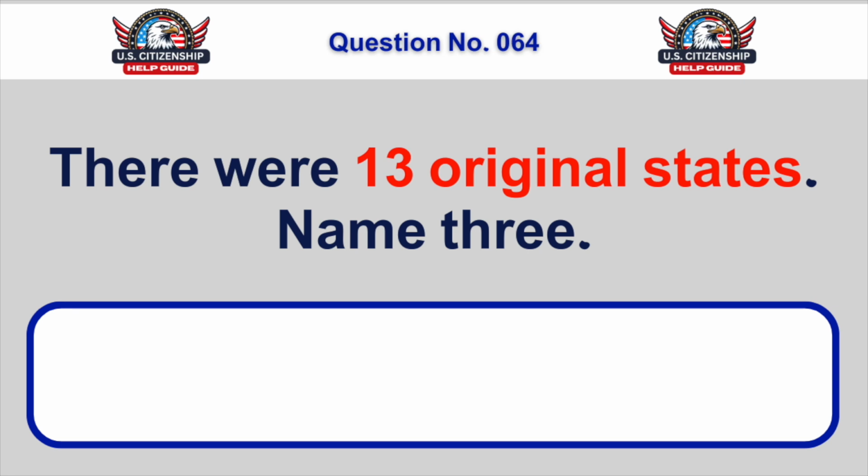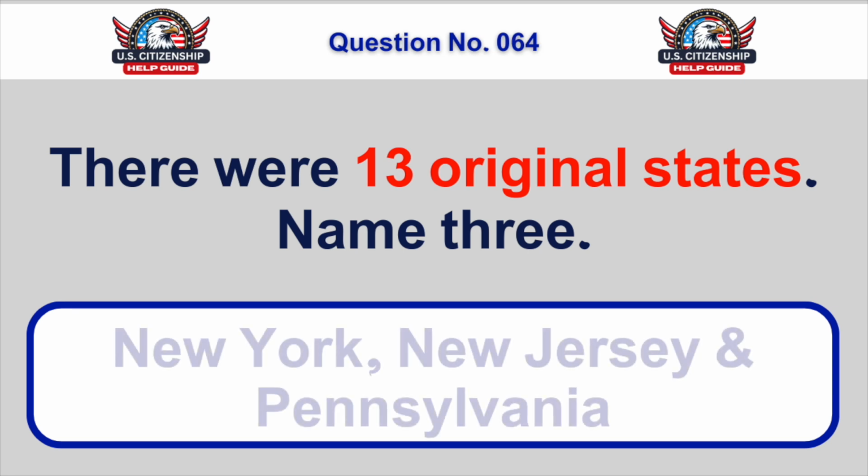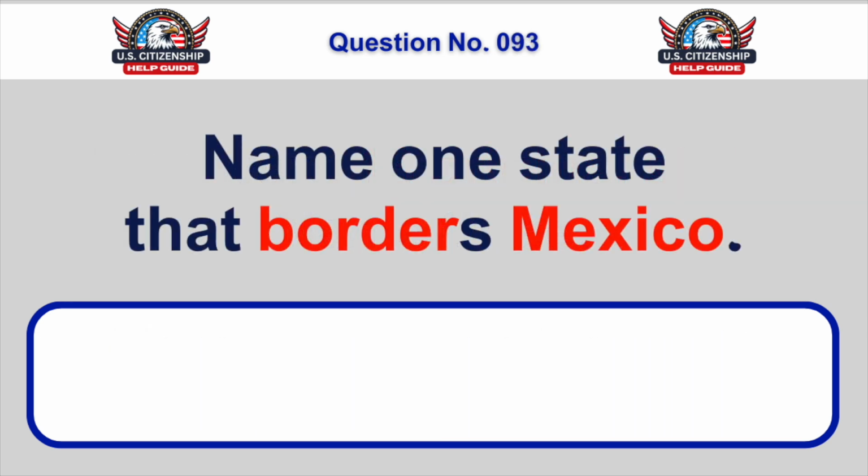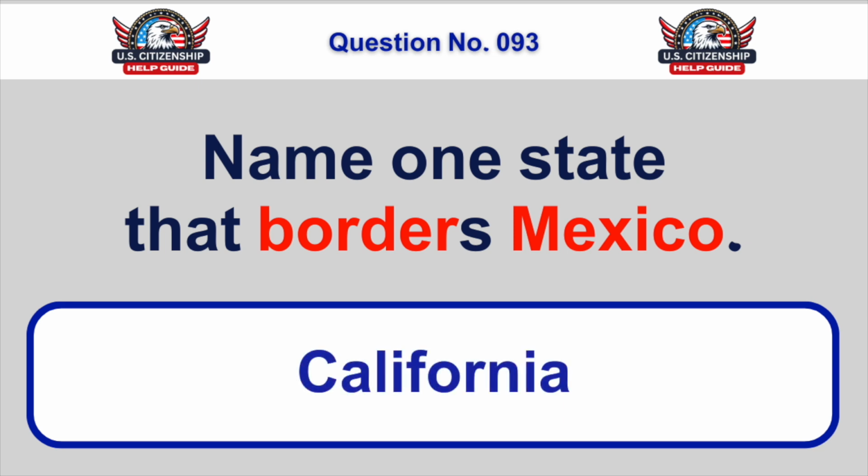There were 13 original states. Name 3. New York, New Jersey, and Pennsylvania. Name one state that borders Mexico. California.